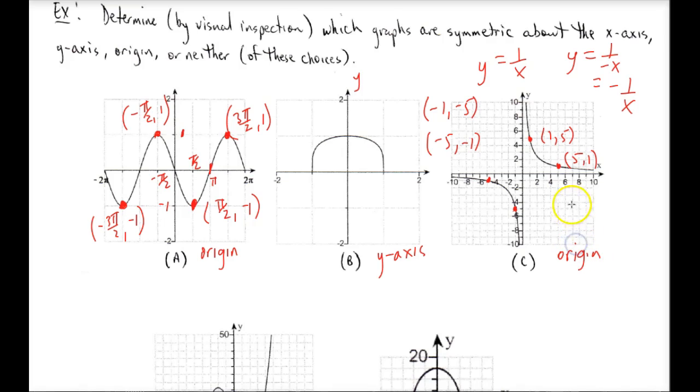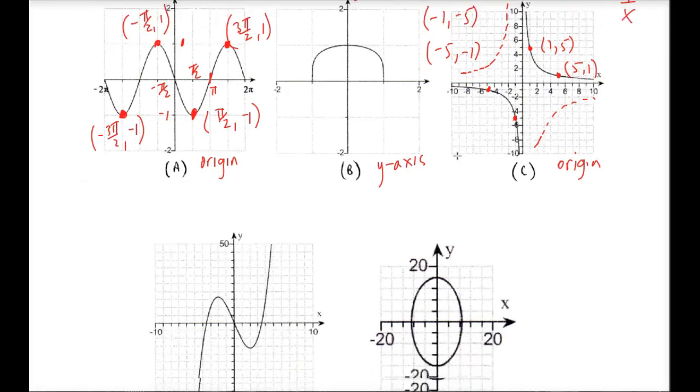Now, since the graph doesn't go like this, then of course it wouldn't be symmetric about the x-axis. And because the graph doesn't go like this, it wouldn't be symmetric about the y-axis.